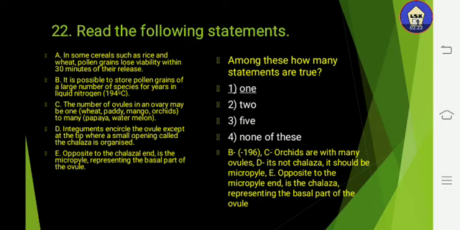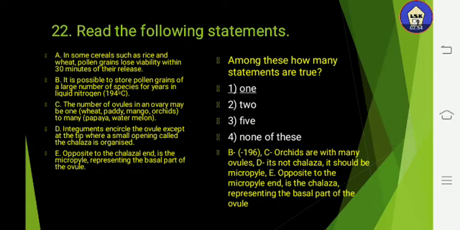And in statement C, in the bracket, it is given as wheat, paddy, mango and orchids. The number of ovules in the ovary of wheat, paddy and mango is 1, but in orchids, many. Normally while reading statements, we may not give importance to the points given inside the bracket. Actually, we should give more importance to the points given inside the bracket.